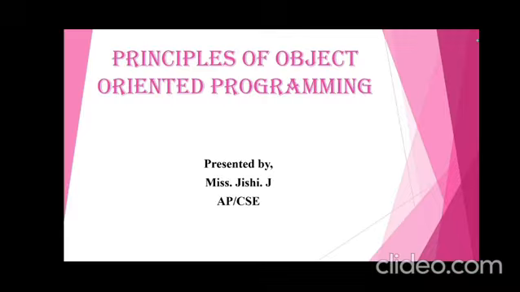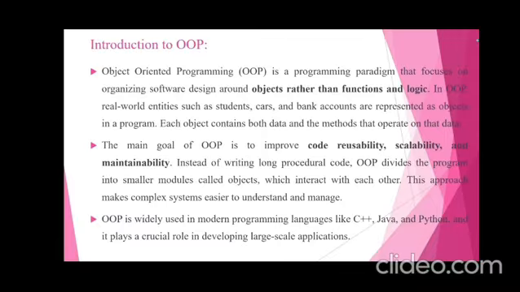Now, let's move to the concept of object-oriented programming. So, what is called object-oriented programming? Object-oriented programming is a programming paradigm that focuses on organizing software design around objects rather than functions and logic.